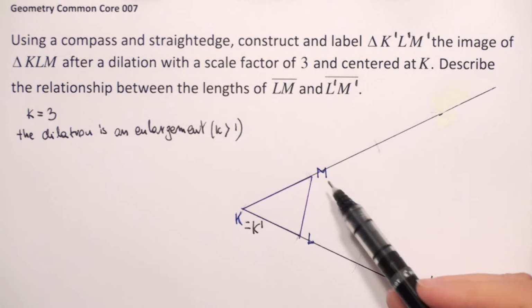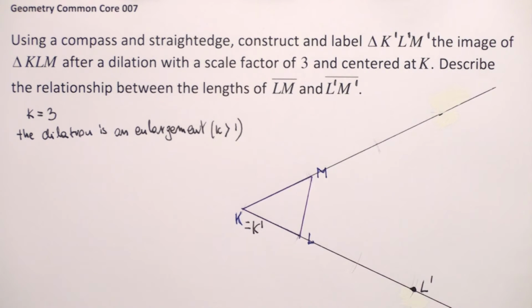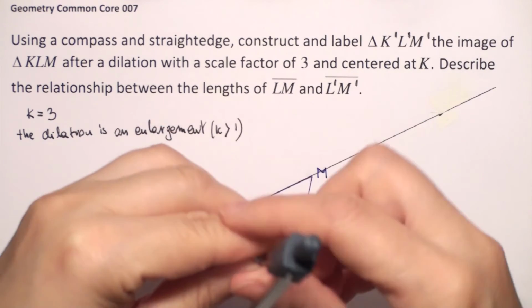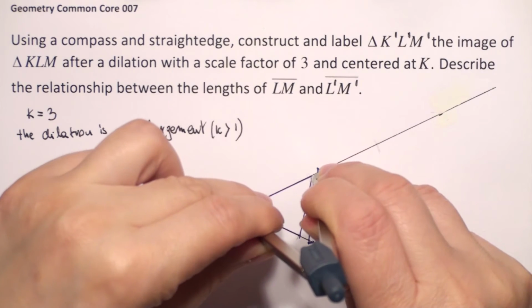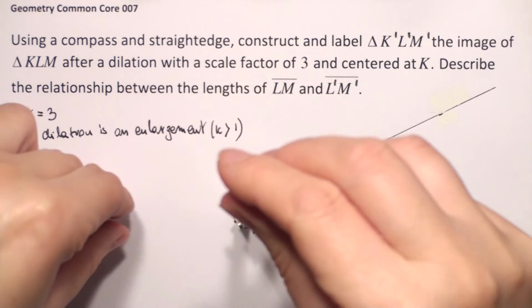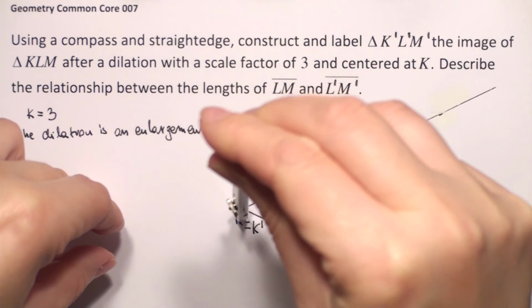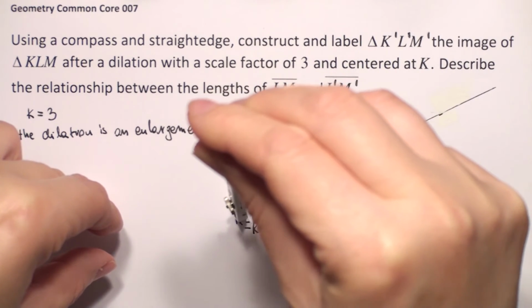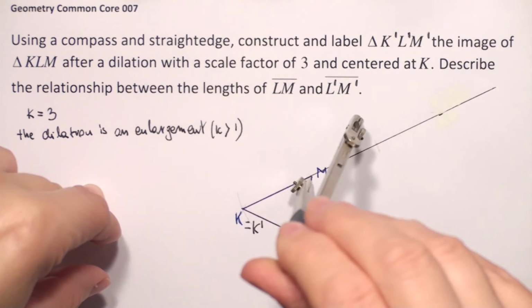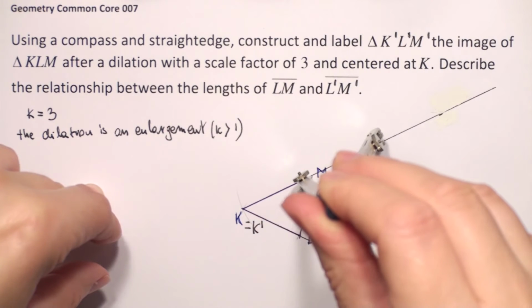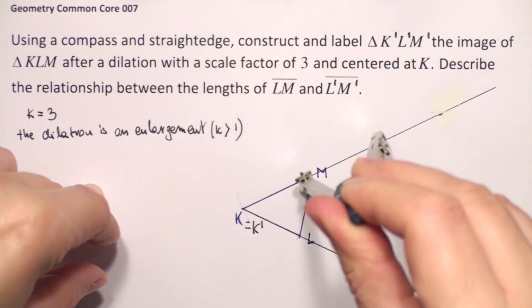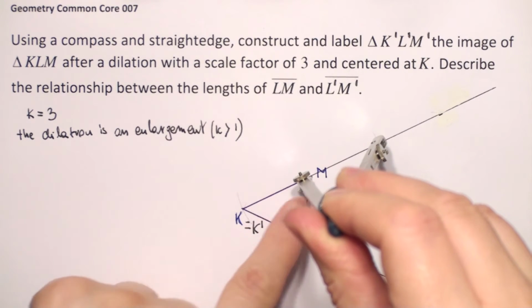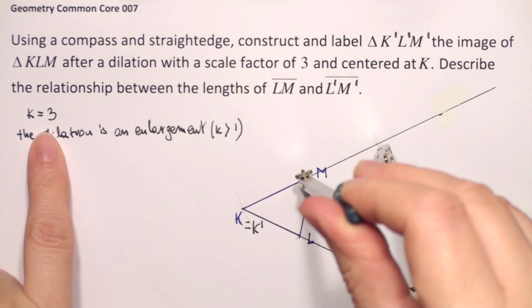We have to find M prime. So again, we have to measure segment MK. We will use the compass. We make the arc from point M to K, and on the other side of point M, when we have scale 3, we will have 3 segments.